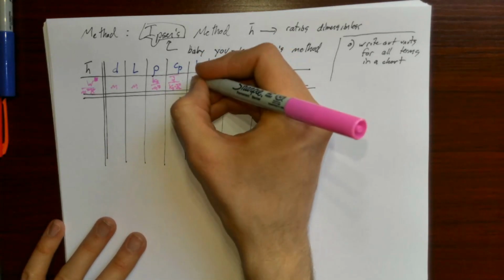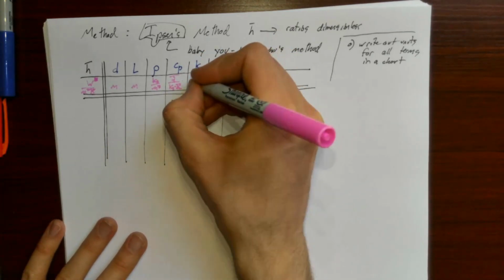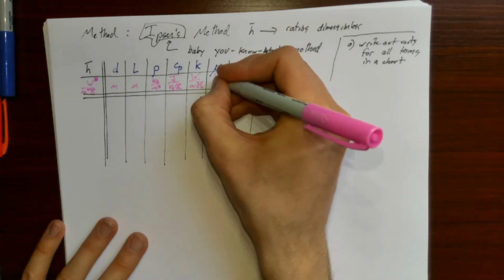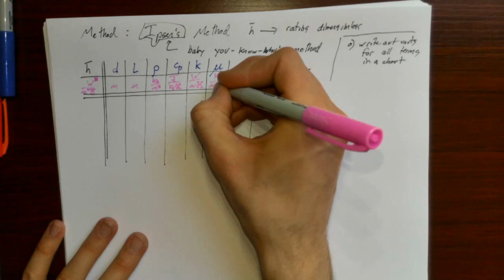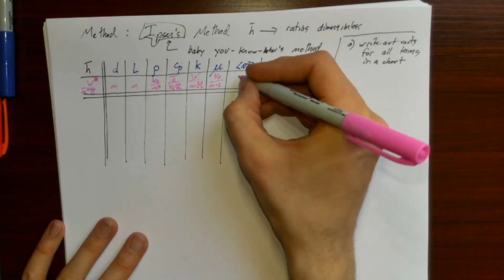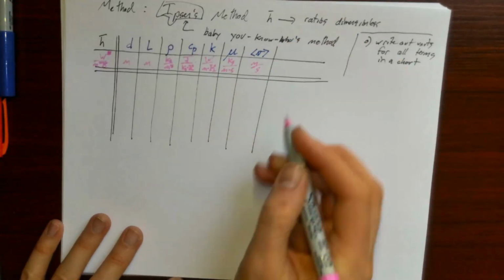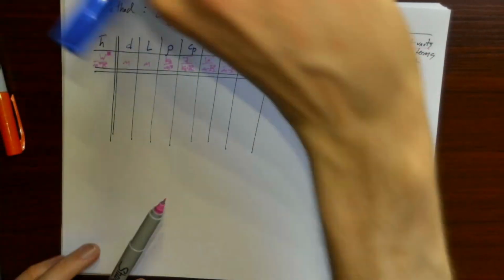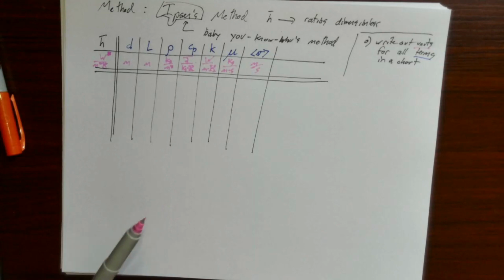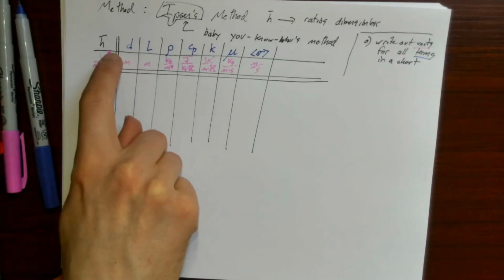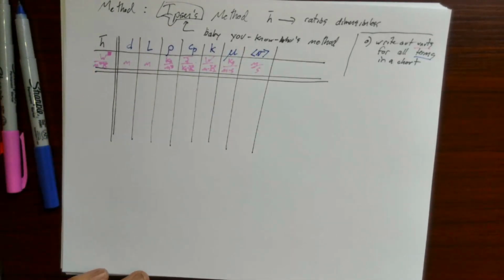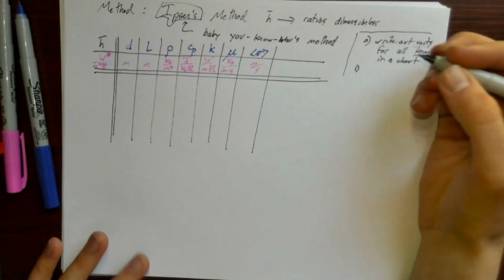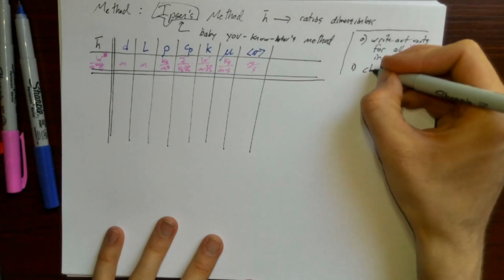Thermal conductivity is going to have units of watts per meter Kelvin. Viscosity is going to have units of kilograms per meter second, and velocity is going to have units of meters per second. So we write down all the terms, and we write down all the units that each of these terms are going to be. And this is what we have here. Then the next step is choose one type of unit.